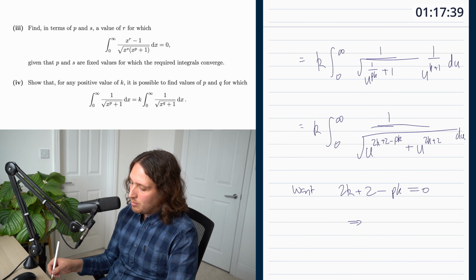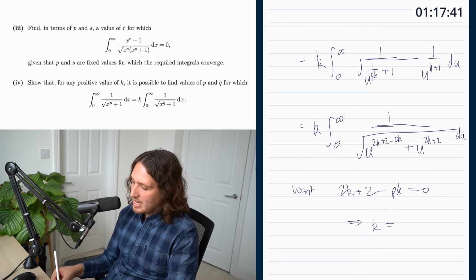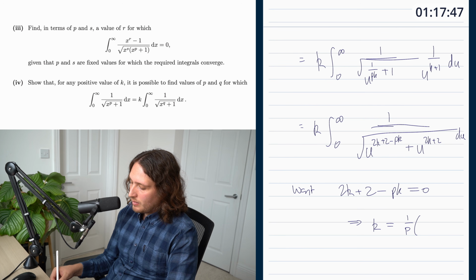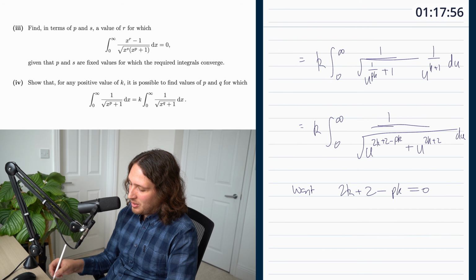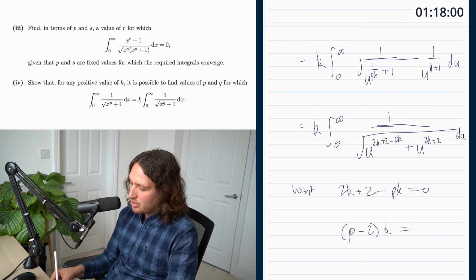And that means that I want k to be 2 over p. Sorry, I'm trying to solve for k. What am I doing? If I solve for k, I've got p minus 2 lots of k is 2.